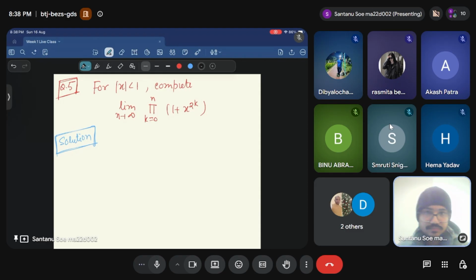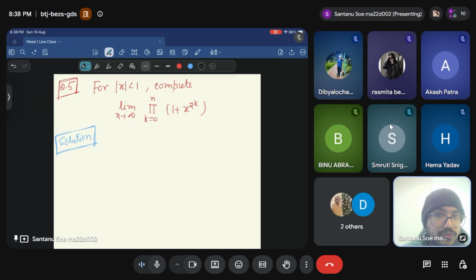So it is x to the power 2 to the power k, okay, so not x square power k. If you put k equals 0, it will be x to the power 2 to the power 0, so this will be just x. If you put k equals 1, it will be x square.